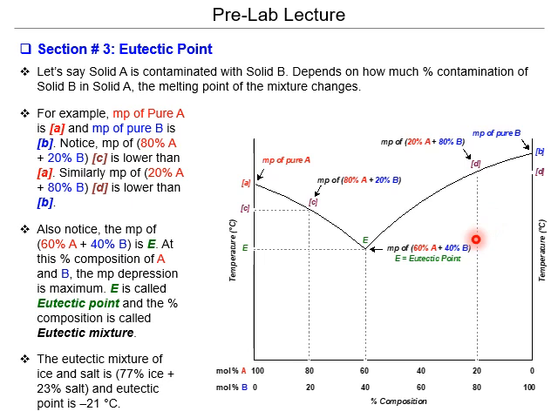So here we're going to talk about a concept named the eutectic point. As I mentioned, when we have an impurity in our substance, the melting point usually decreases.